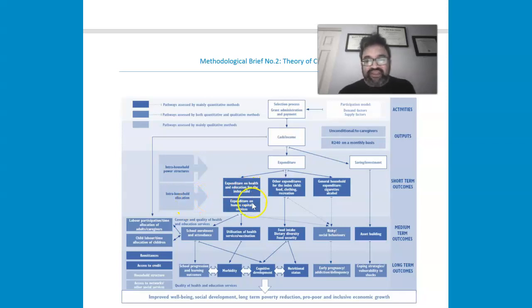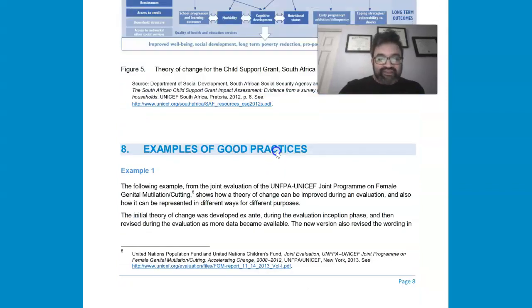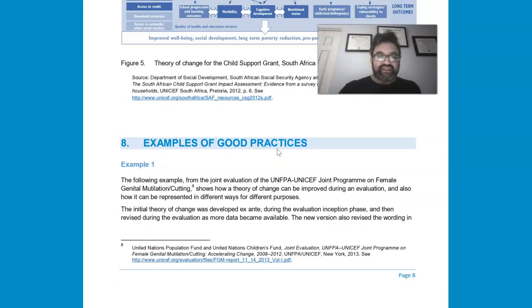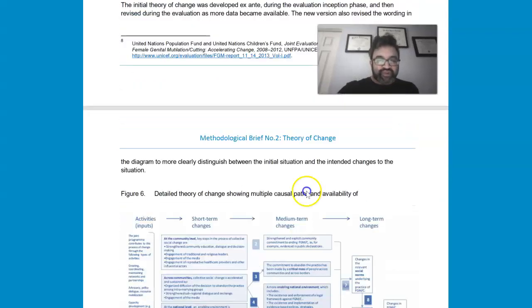And so take a look at the difference between that. And those are the short-term outcomes, medium-term outcomes, and long-term outcomes of some of these interventions and activities. So these are the theories of change for the child support grant.